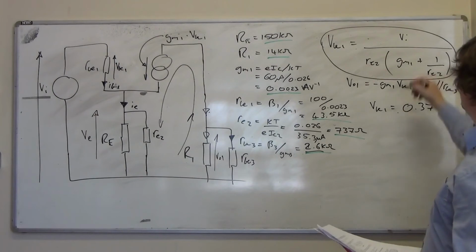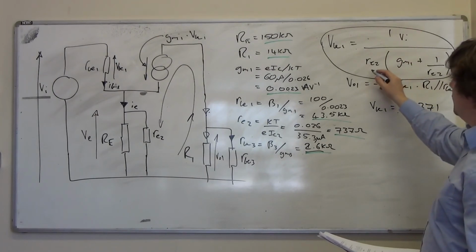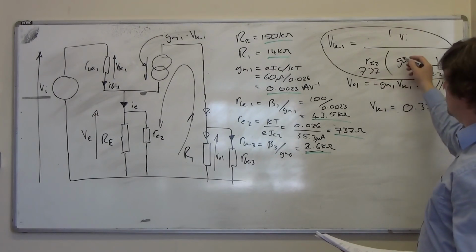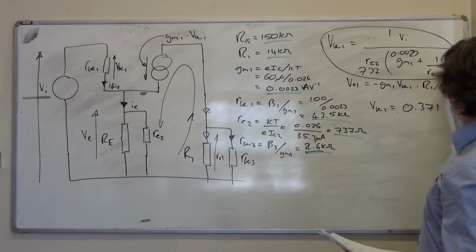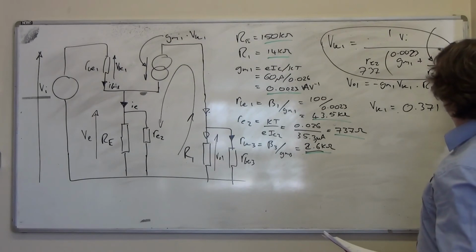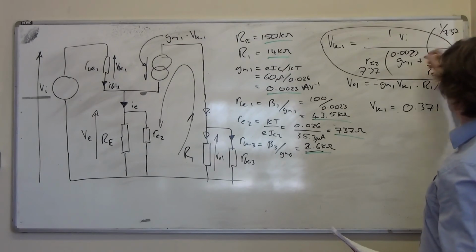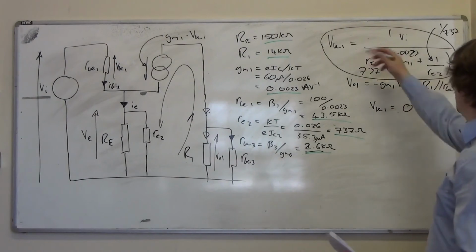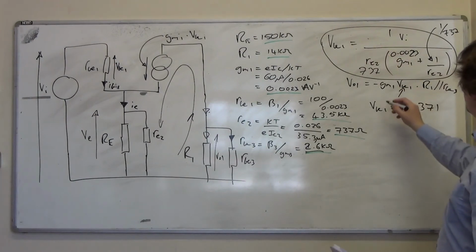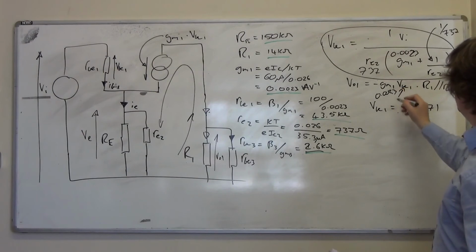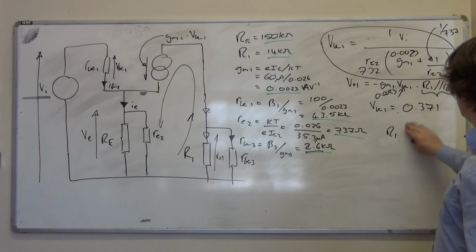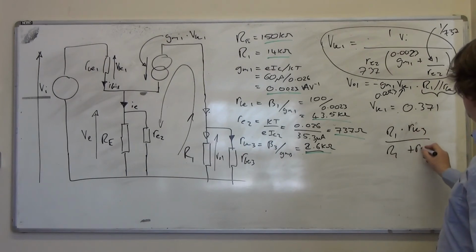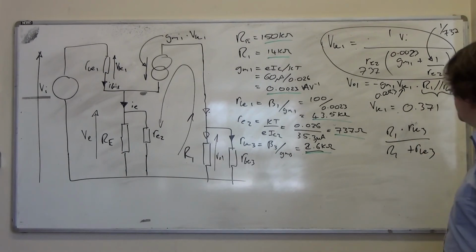I'm not going to put in the numbers, but I 1 there, that's 737, that's 0.0023, that's 1 over 737, and you just pop it in your calculator. Having got it, you can put it in there. That's 0.0023. This lot you'd have R1 times RBE3 over R1 plus RBE3, because it's a parallel combination.